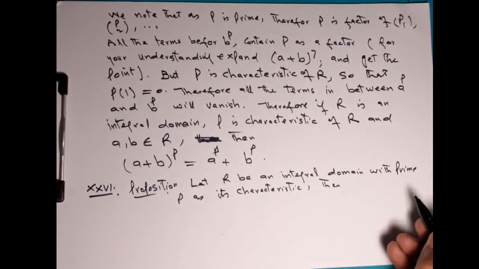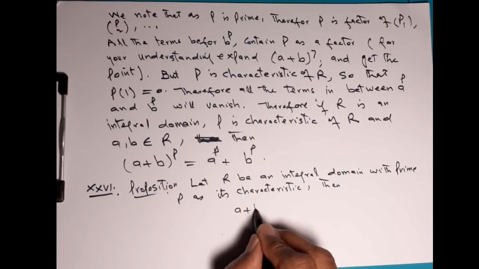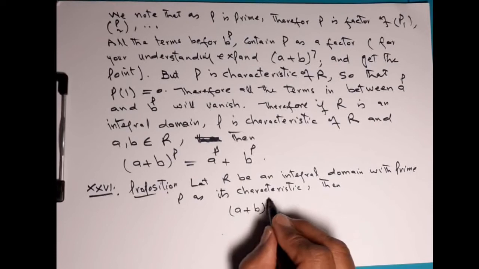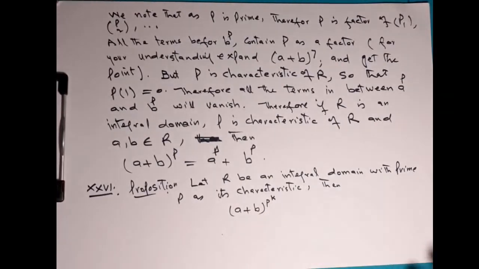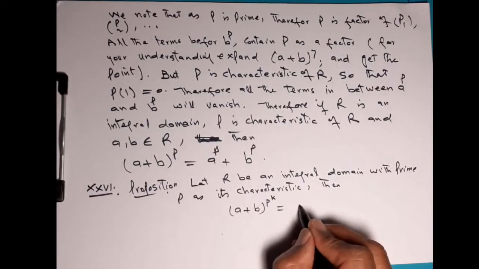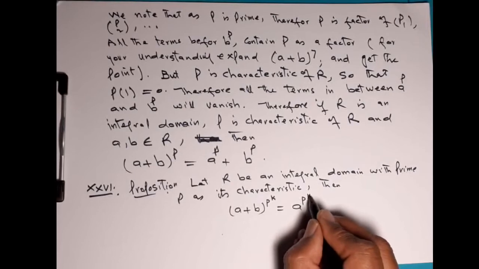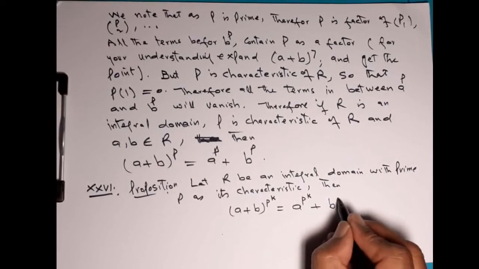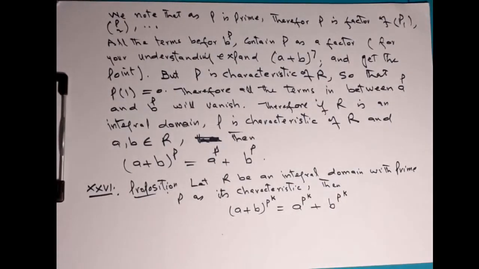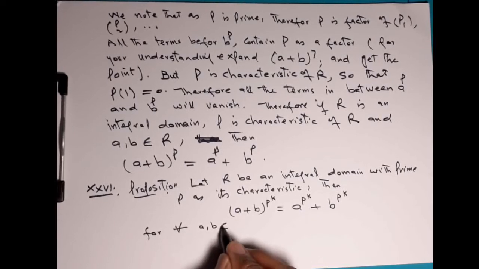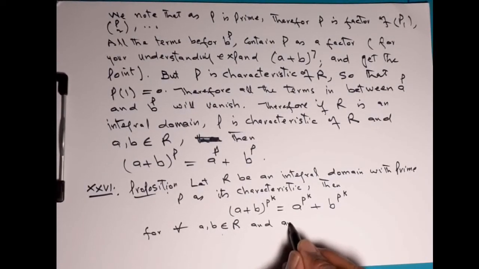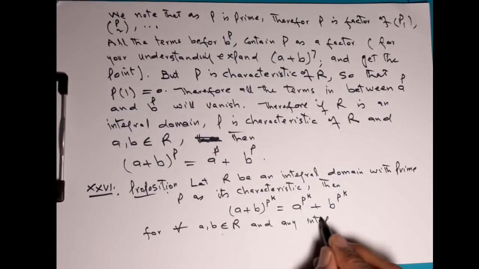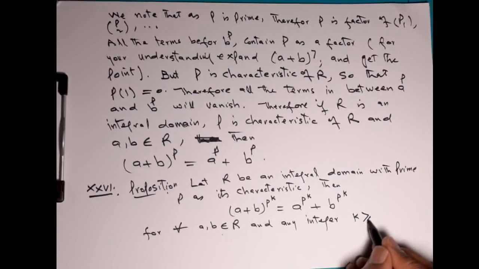a plus b raised to power P raised to power k is equal to a raised to power P raised to power k plus b raised to power P raised to power k, for all a, b belonging to R and any integer k greater than or equal to 0.